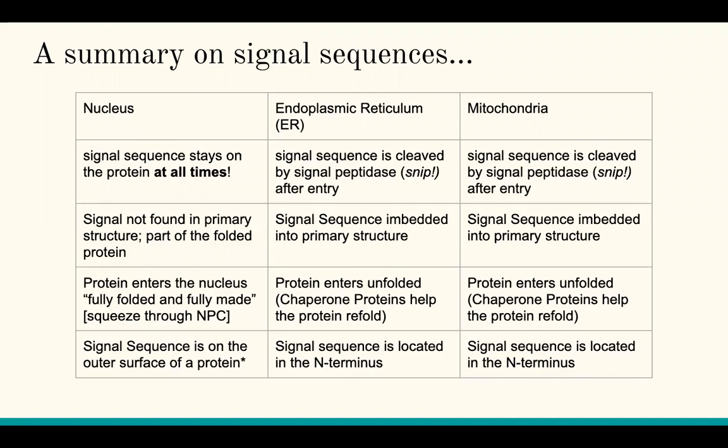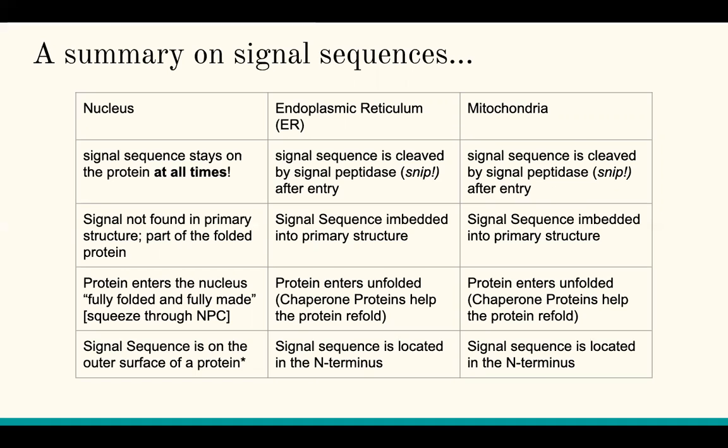So for the ER and the mitochondria, you're going to find your signal sequence, which is already built into the protein. It's part of the sequence of amino acids, towards the beginning of the protein polypeptide chain. You will find that signal sequence in the N terminus. And that particular sequence is recognized by SRP in the case of the ER.